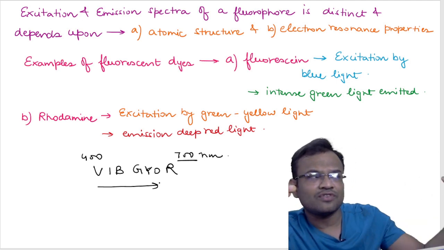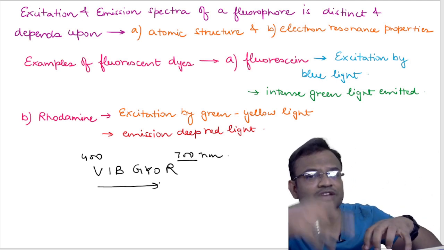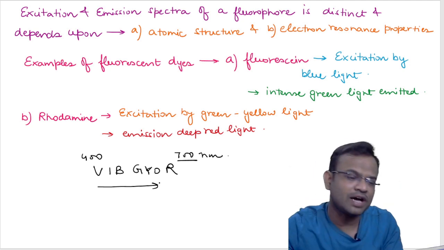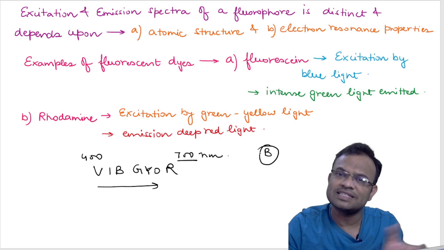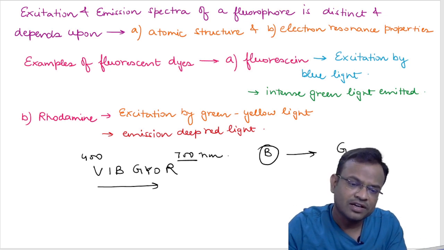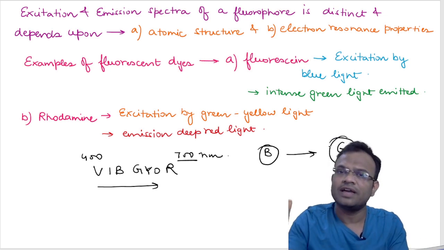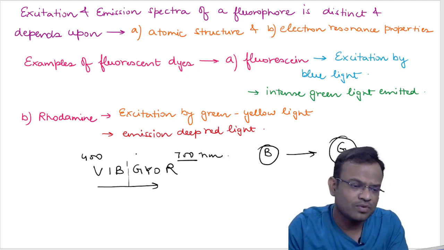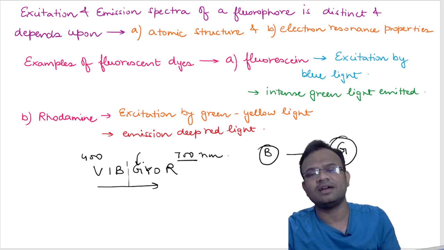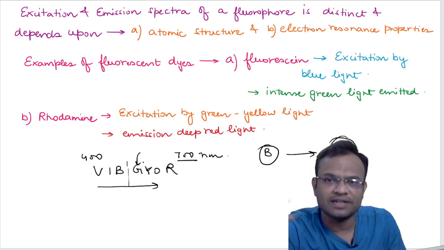Because the energy of the incident light was higher, therefore the wavelength of the emitted light should be higher. So if you are using blue as the incident light, then green has to be the emitted light, or of course it can be anything just after blue. Over here it happens to be green in color.